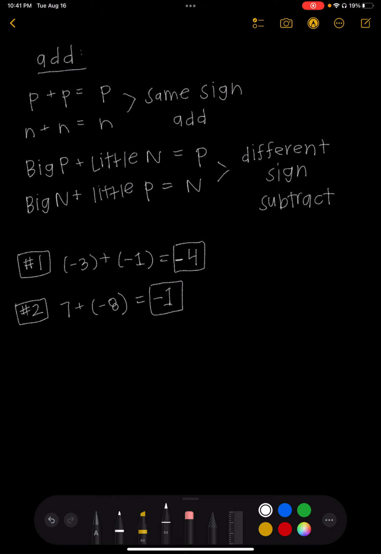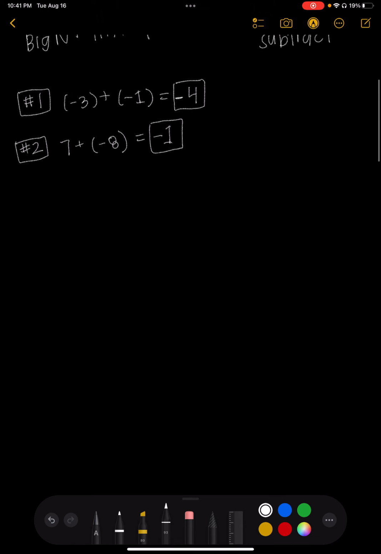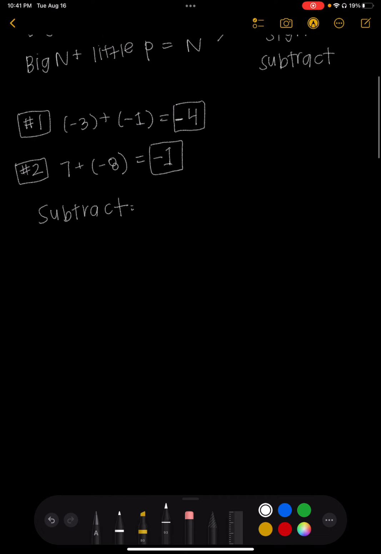Okay, so now let's go through some subtraction rules. Here's the deal. Subtraction is actually pretty hard with integers. So instead, what we're going to do is convert each subtraction problem into an addition problem and then backtrack up to these rules that we've already talked about.